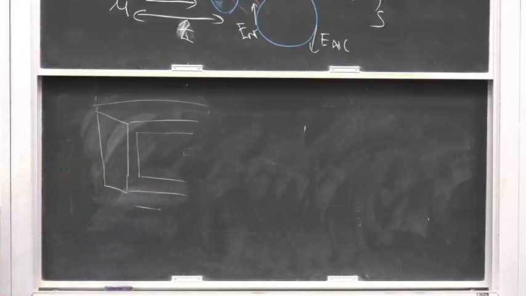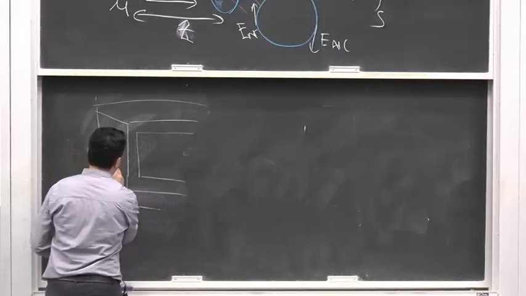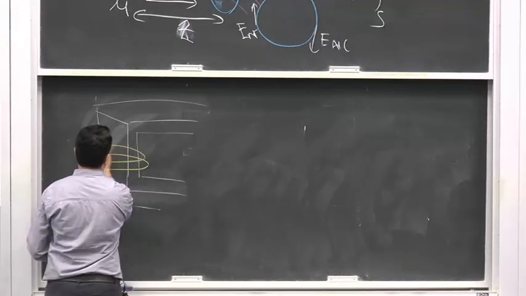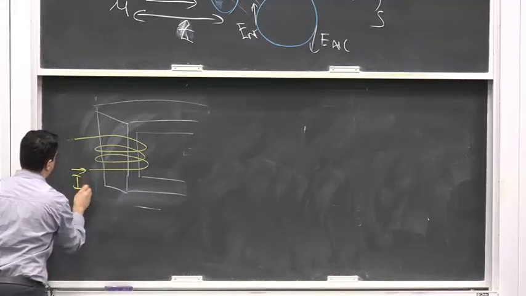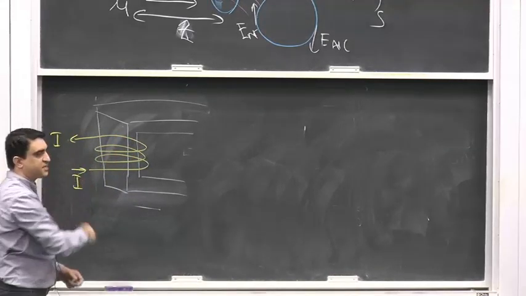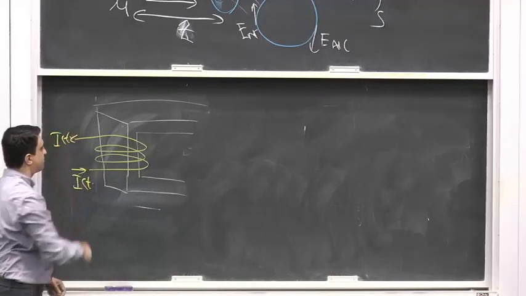This is how a transformer looks if you have seen one in the labs. So what you have is a coil or a solenoid with which a certain time dependent current is entering and leaving it.